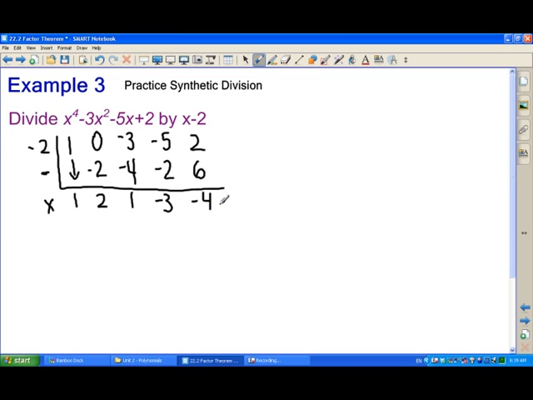If we compare this to the last question we did, the very last number in our table was 0. This time we ended up with a number there of negative 4. This number, the very last number in your table, represents a remainder.